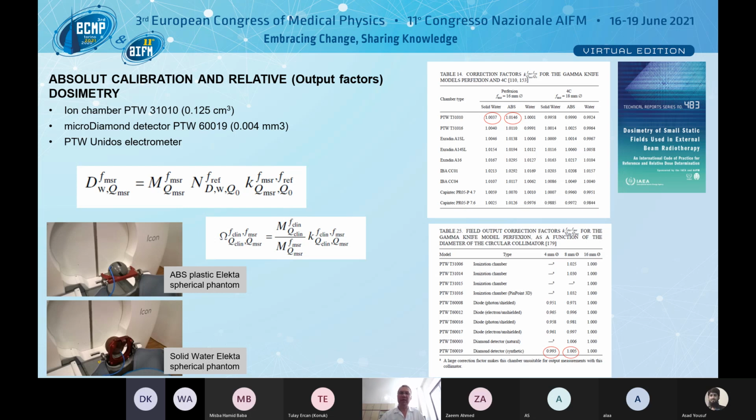And again, a different detector has a different correction for different collimator size. So you multiply it and then you immediately have the result. So nothing really to be worried about. It's of course a big document, but when you focus on your technology, when you search the tables and read it, I think it should be easy to understand and easy to follow.